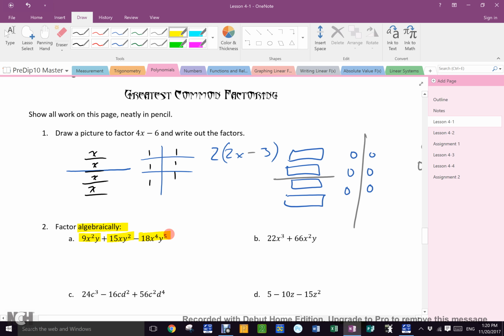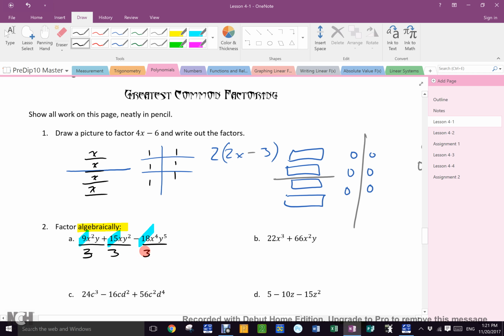So you must consider both the coefficient and the variables. So when you look at this first one, you would look first at the coefficients and note 9, 15, and 18 all can be split up into the same size chunk. What is it? 3. So everything is going to divide by 3.